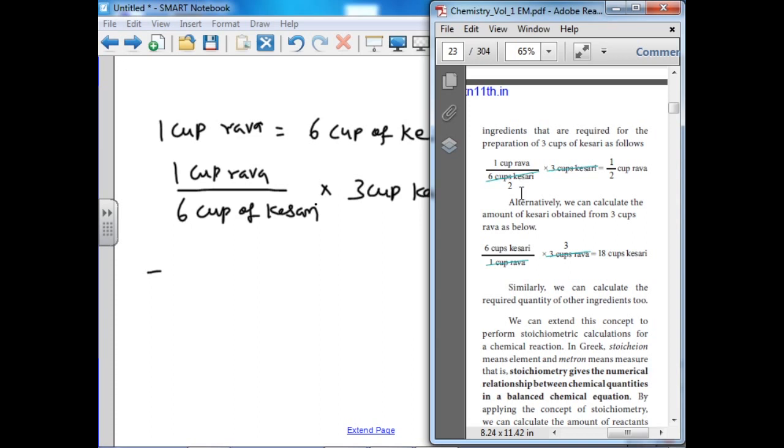Alternatively, we can calculate the amount of kesari obtained from 3 cups of rava. So now we are going to calculate. We have 3 cups of rava.